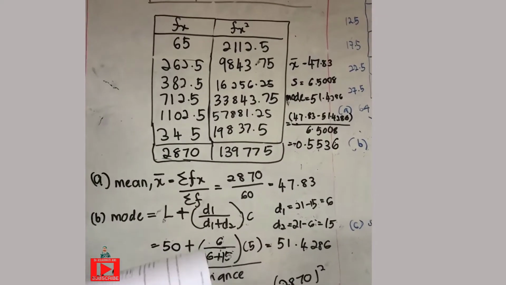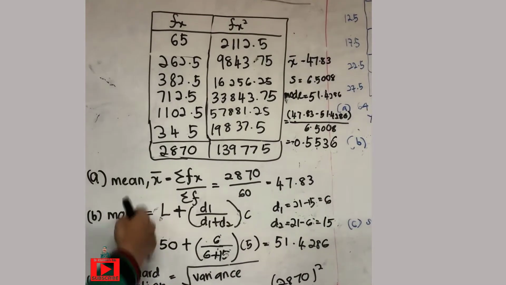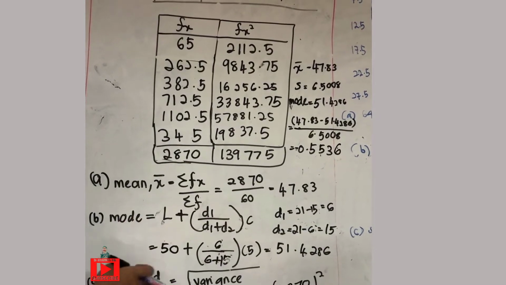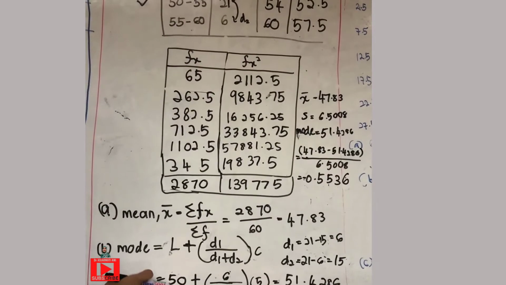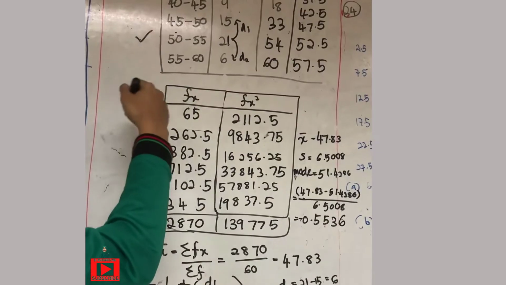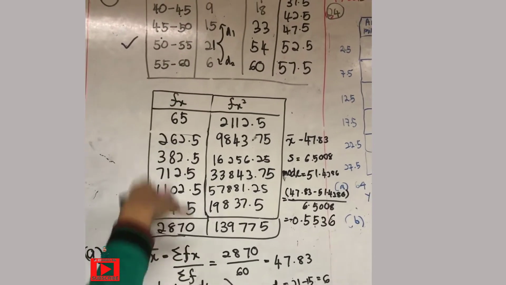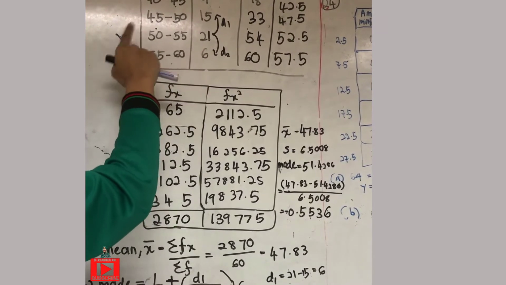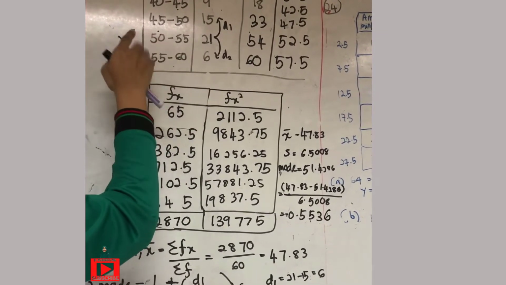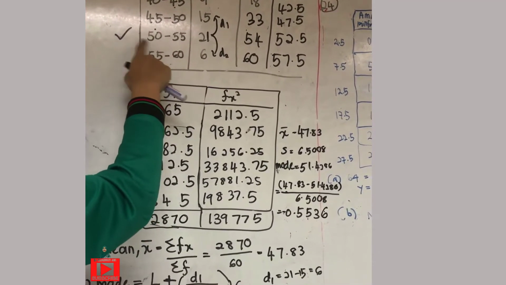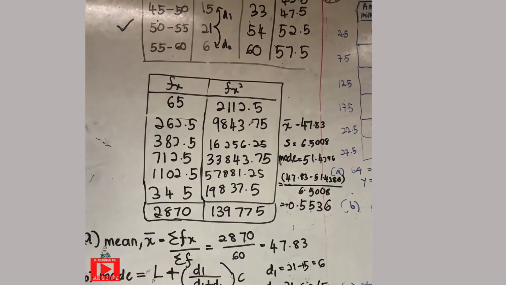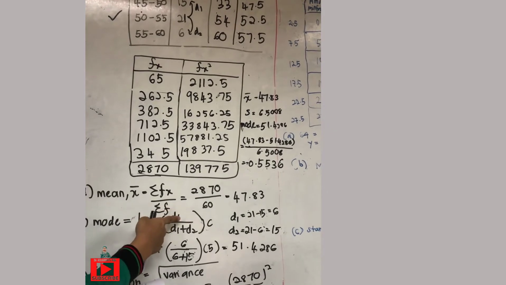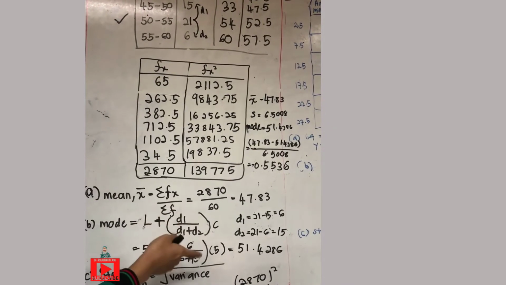And then for question B, the mode, we use this formula, where L is the lower boundary for the mode class. Here our mode class is the one with the highest frequency, which is 21, and we know that the class boundary for the mode is 50 to 55, so the lower boundary is 50. In the formula we need to find D1 and D2.